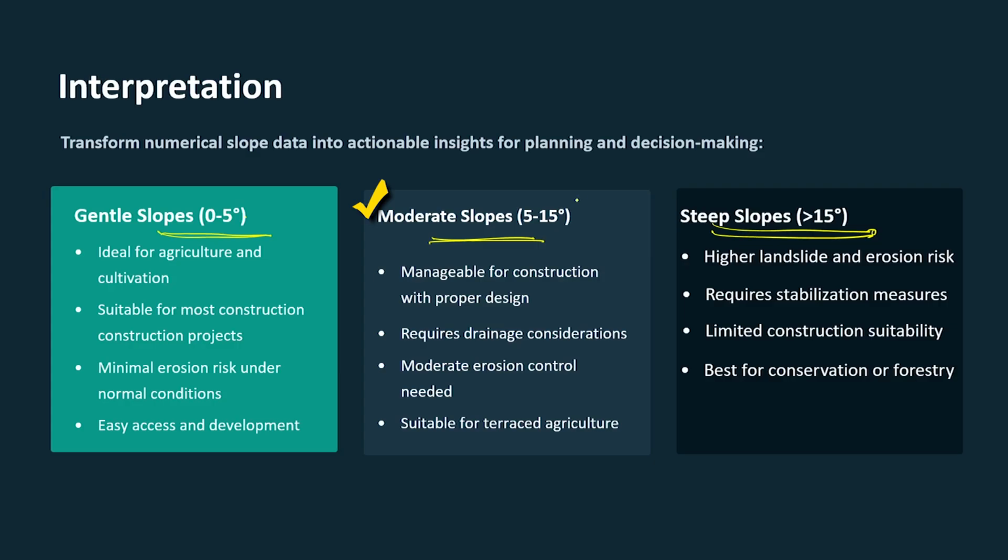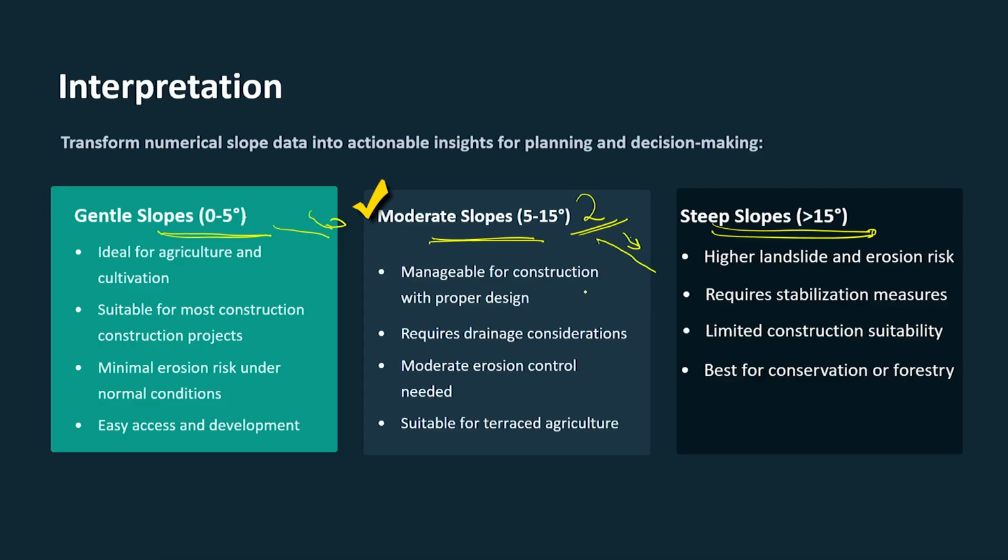The second category is moderate slopes. Here the lands become slightly steeper. If this was 0 to 5 degree slopes, this is what 5 to 15 might look like. The slopes start getting slightly steeper, but even so, they are still considered moderate.